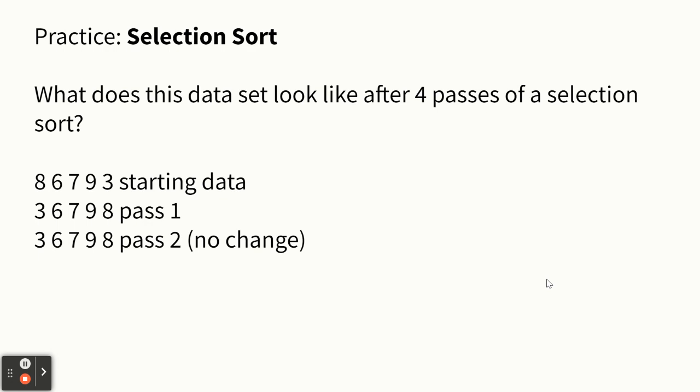The 3 and the 8 swap, because with this sort, we find the smallest number and put it in the first spot. And then we're on the second spot, and we find the smallest number, ignoring the 3. From 6 all the way to the right, what's the smallest number? 6, no change. Then we go to the 7. From 7 all the way to the right, what's the smallest number? 7, no change. So we have 2 passes, no change.